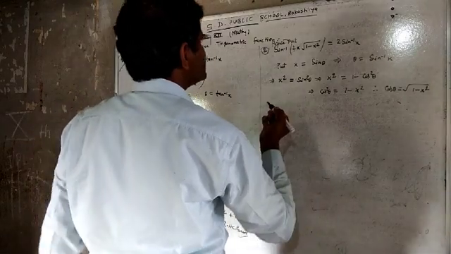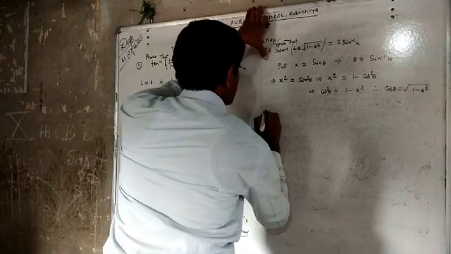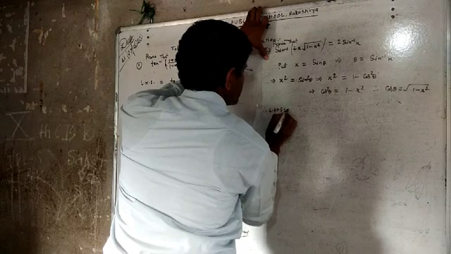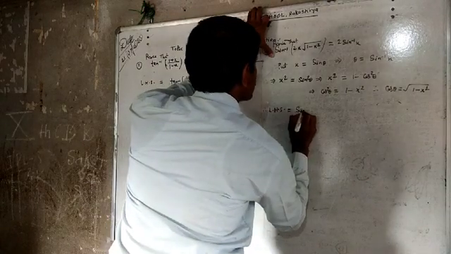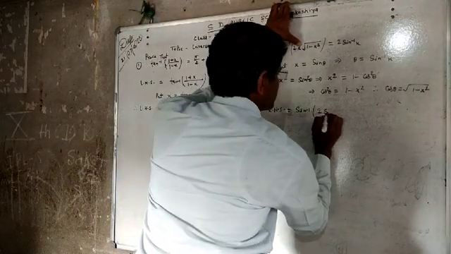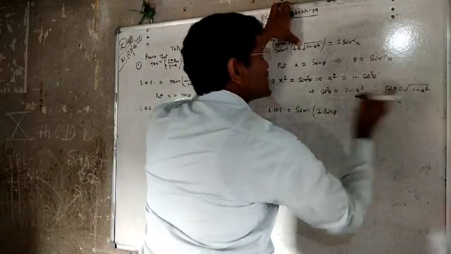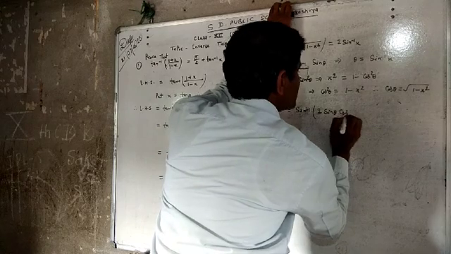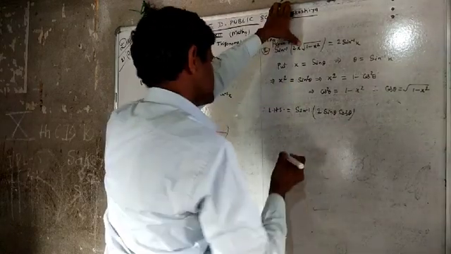Hence, the LHS can be written as sine inverse of 2x, which is 2 sin theta, into root under 1 minus x square, which is cos theta.